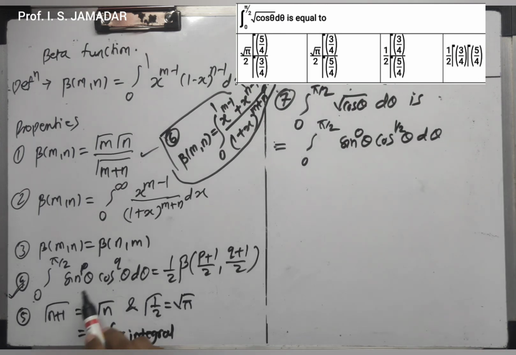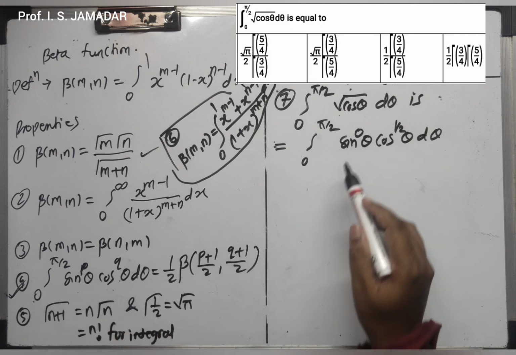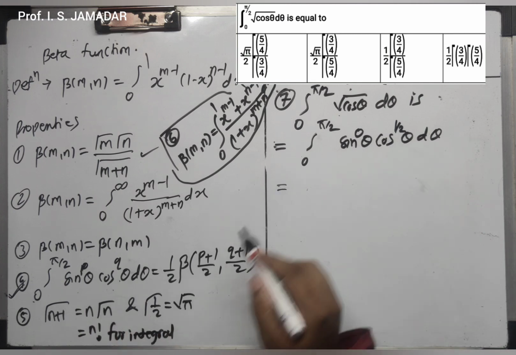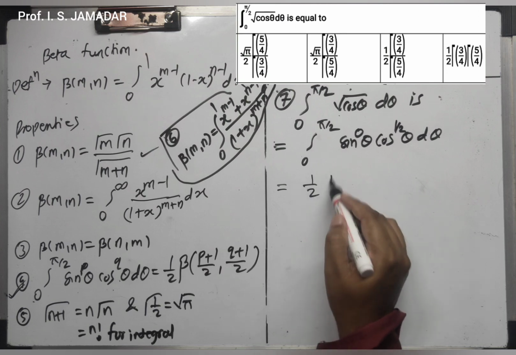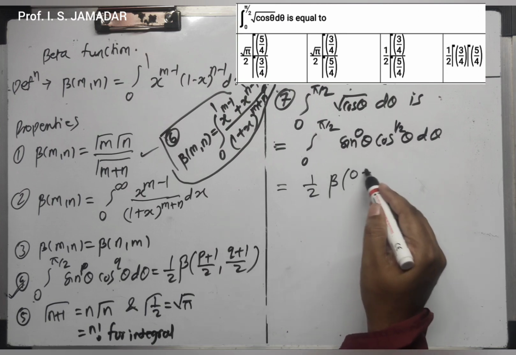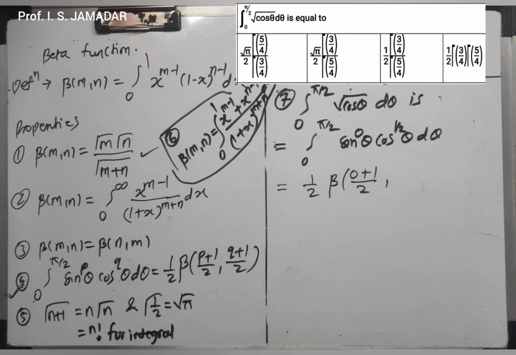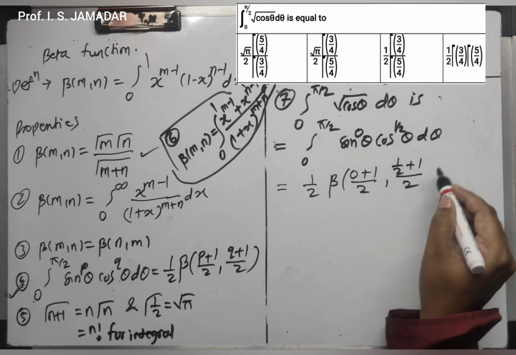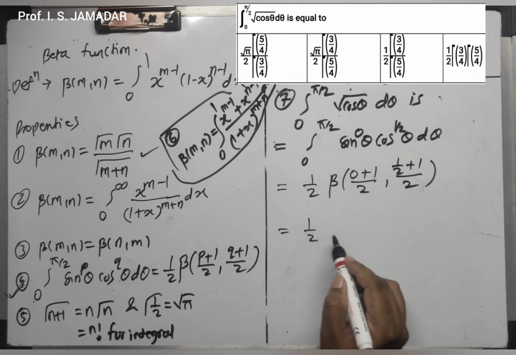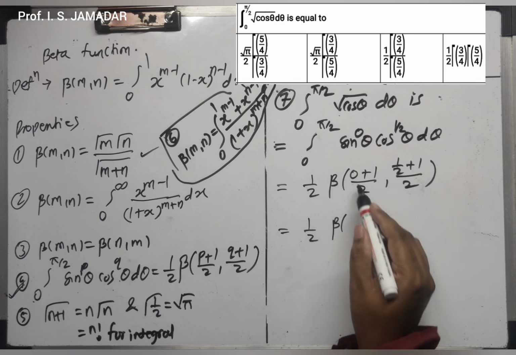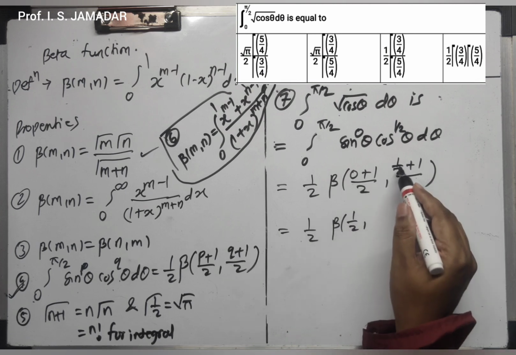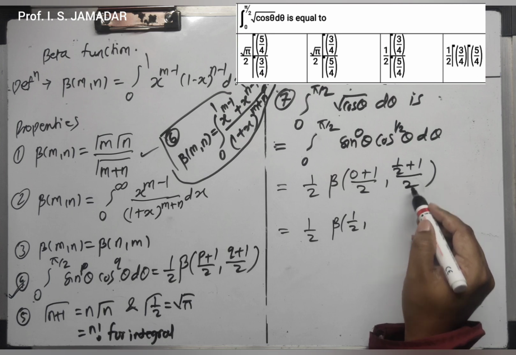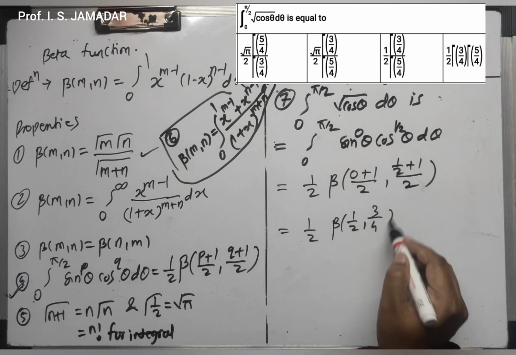So we have this form: sin raised to p into cos raised to q. P is 0 and q is 1 upon 2. So by using this property, it is 1 upon 2 beta of p plus 1 upon 2, that is 0 plus 1 upon 2, comma q plus 1 upon 2, that is 1 by 2 plus 1 upon 2, that is 1 upon 2 beta of 1 by 2 comma 1 by 2 plus 1, which is 3 by 2, and upon 2 means 3 upon 4.